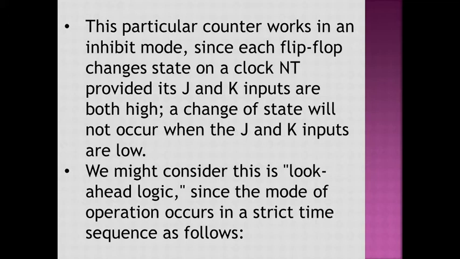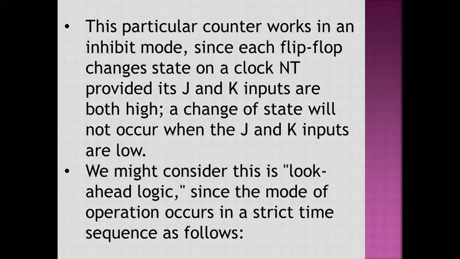So when J equals K equals 0, even if the negative transition of the clock pulse takes place, the output of the flip-flop will remain in the previous state. It will not change. If it was high, it remains high. If it was low, it remains low.